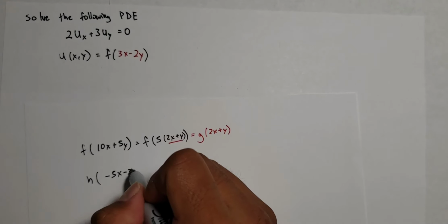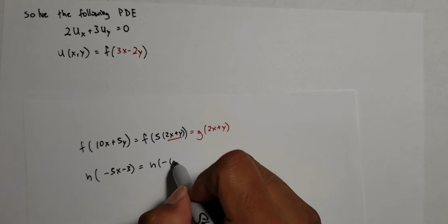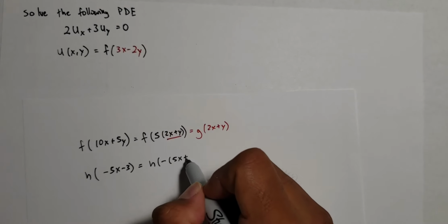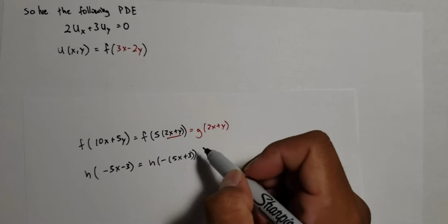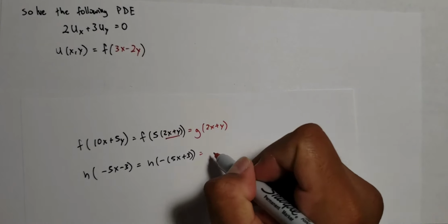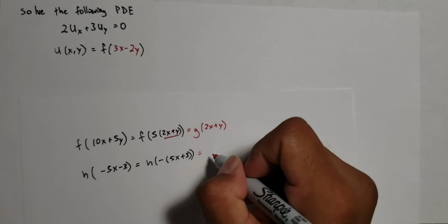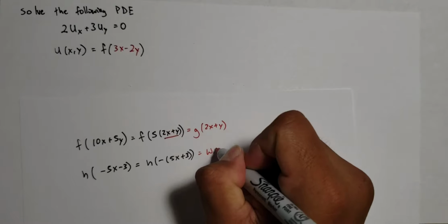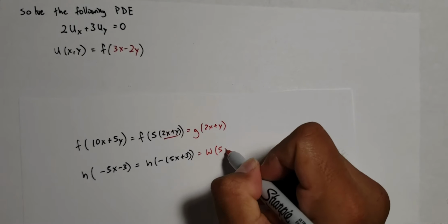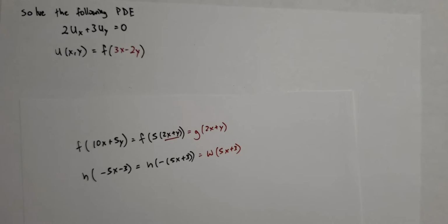This is the most simplified version of it. So then that would be h of negative 5x minus 3. You can replace this with another function, call it any other name, but it has to be another one. So you can call it, I don't know, function w, and it would be a function of 5x plus 3. You can set them equal to each other, and we'll talk in more detail about that.